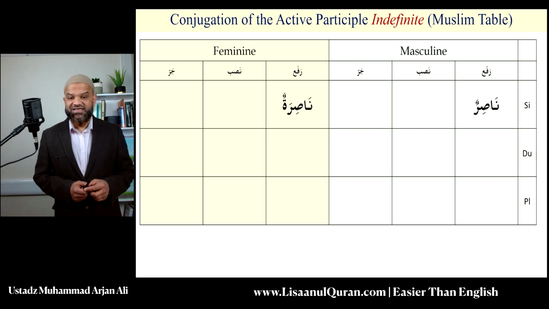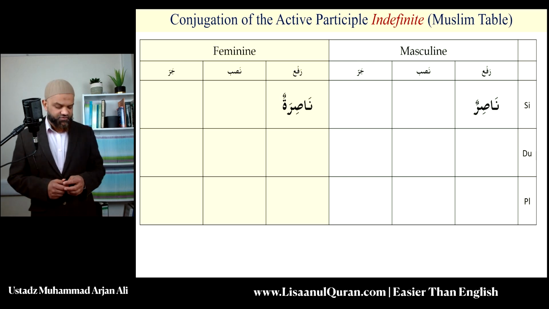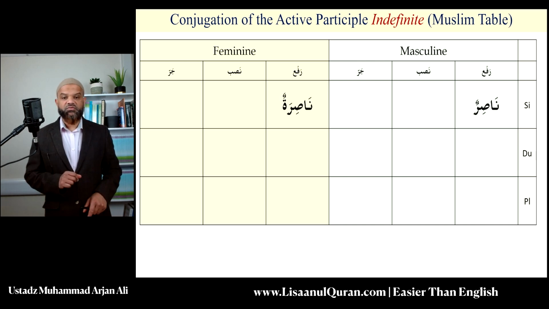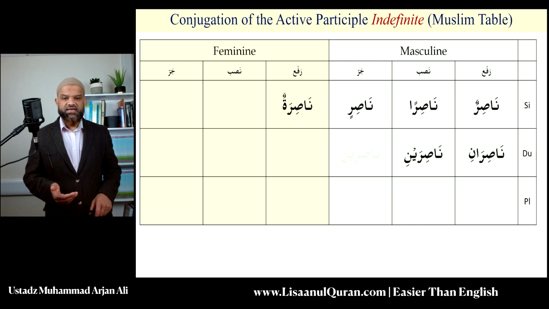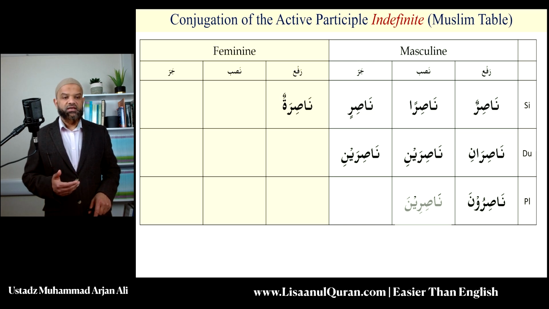Now let's make 18 words from these very, very easily. So if you remember the Muslim table, this will be very easy for you. So you have nasirun, nasiran, nasirin. The dual, nasirani, nasiraini. The plural, nasiruna, nasirina.